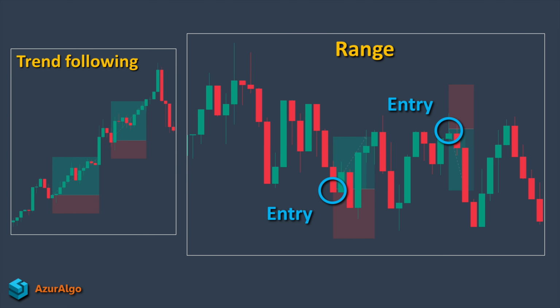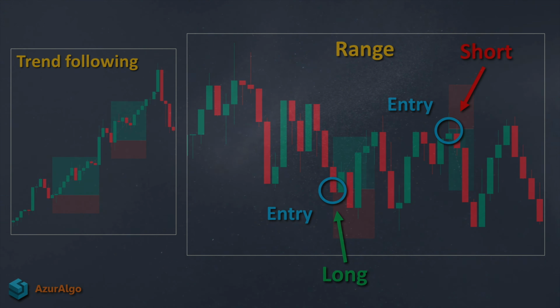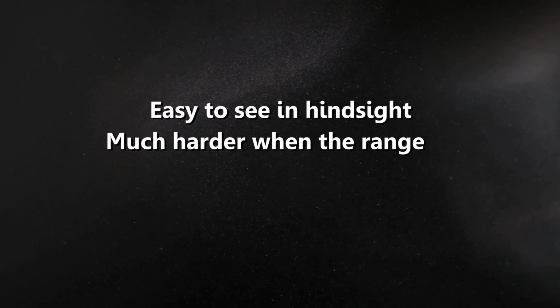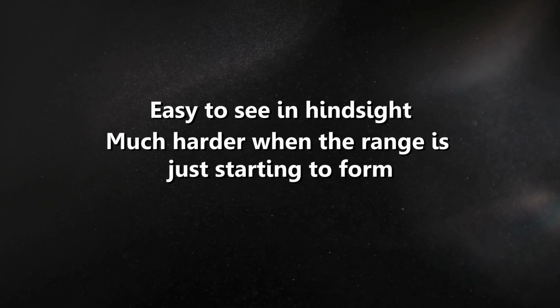The key difference from trend-following strategies is that positions can be taken in both directions, meaning both long and short trades are viable in the very same range. However, for this strategy to be effective, correctly identifying a range is crucial, something that's easy to see in hindsight, but much harder when the range is just starting to form.